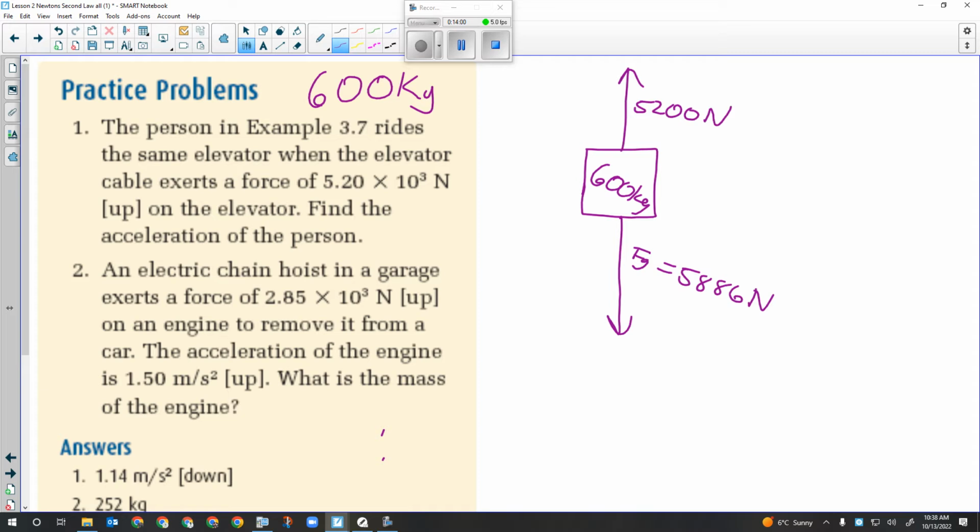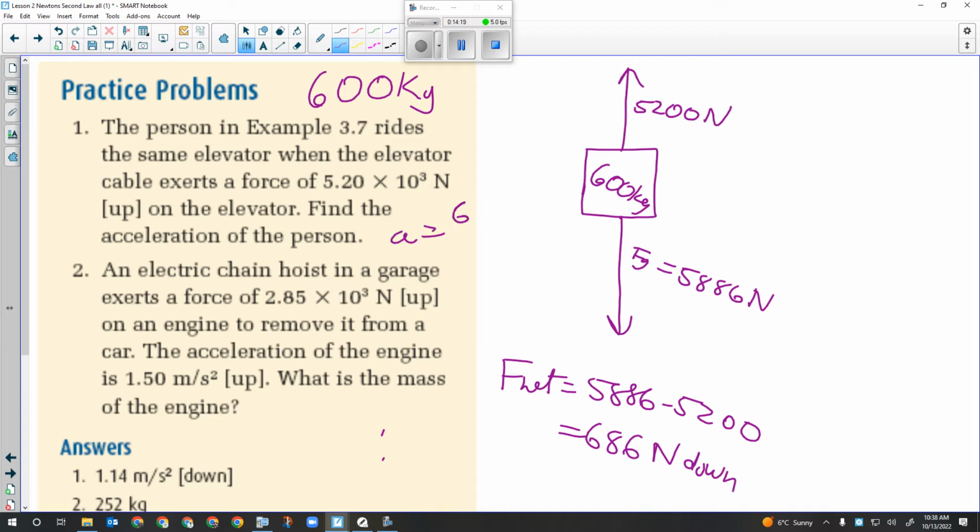Down. It's accelerating downward because now our net force is 5,886 minus 5,200, which is 686 newtons down. So our acceleration is 686 divided by 600, which comes out to 1.14 meters per second squared down.